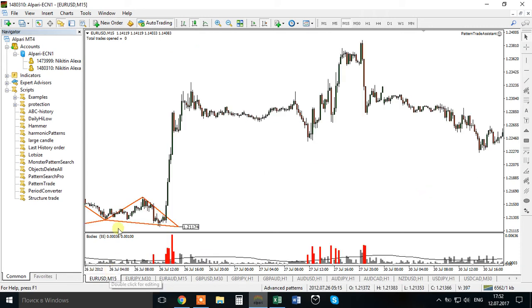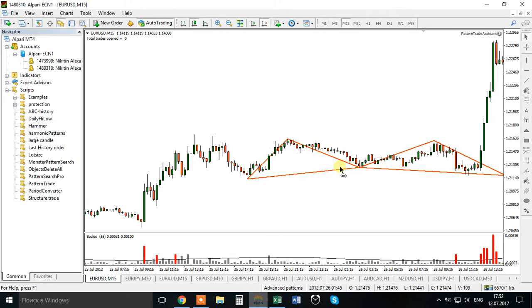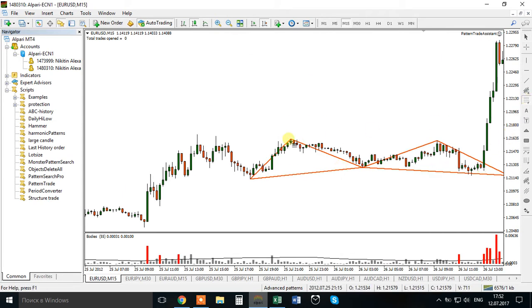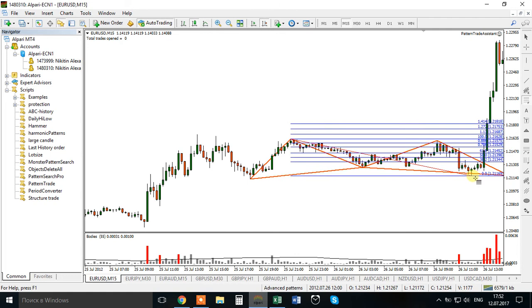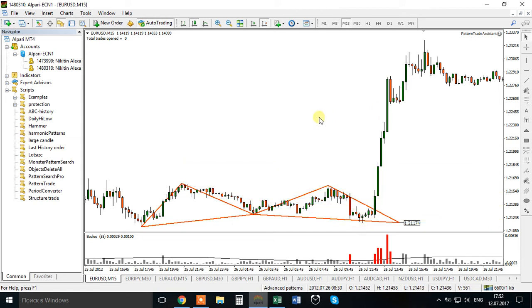Here is the date. Here it is, the example. A wonderful touch and go situation. Although we had a warning sign that told us to stay away or look for some confirmation, maybe, it was a perfectly working Gartley advanced formation.